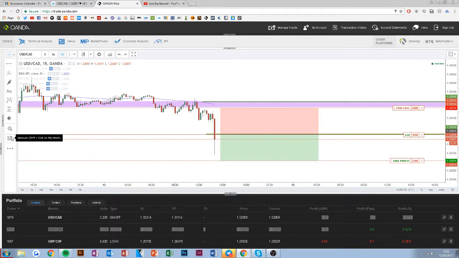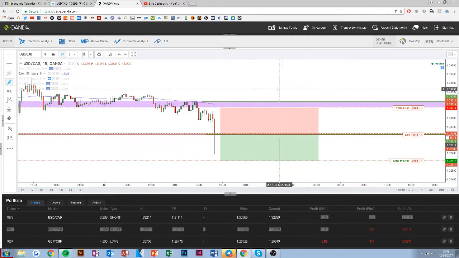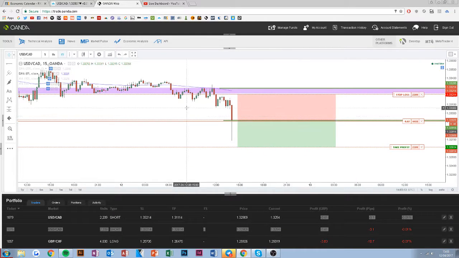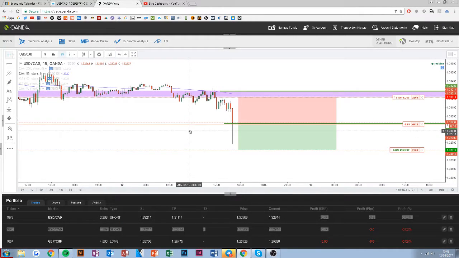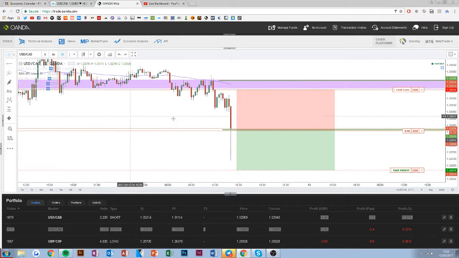Basically the market shot up, entered my long order and then shot down and entered my short one, and they were both entered within milliseconds, so I couldn't do much.